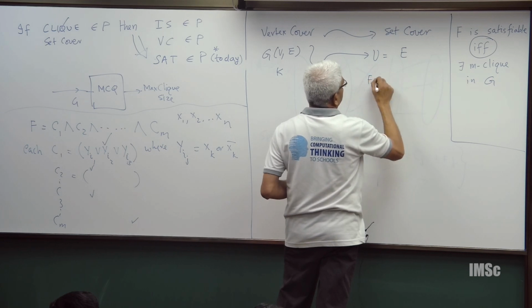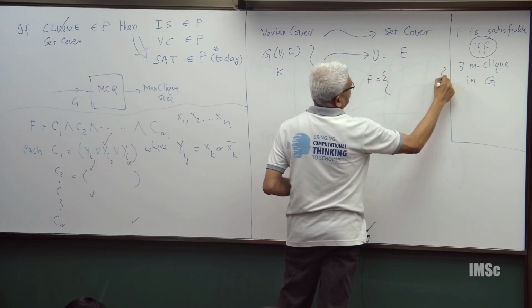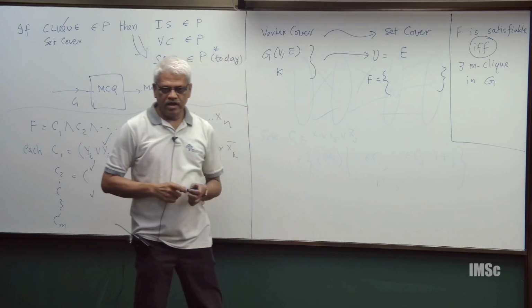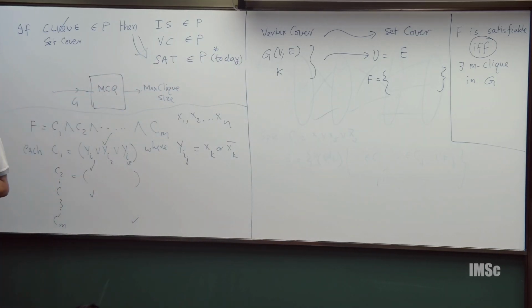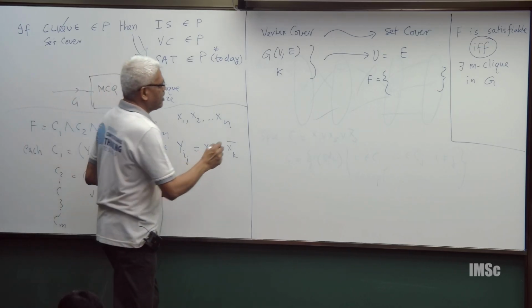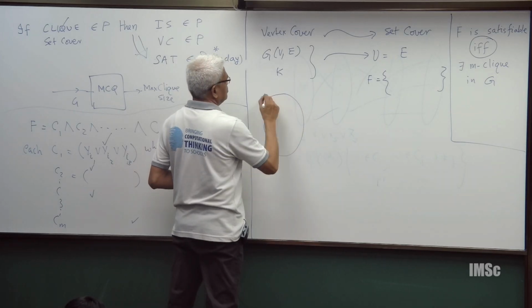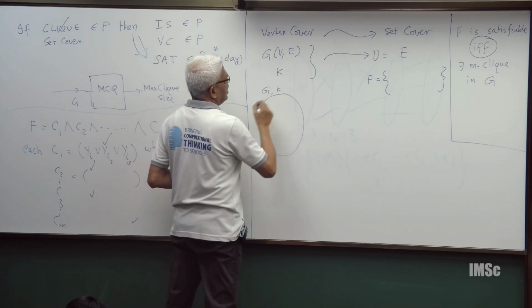Now, I have to give you a family, right, and anything in the family is a subset of the universe. So, it is a subset of edges, right, because these are subsets of the universe. So, I have a graph G and you are given k.